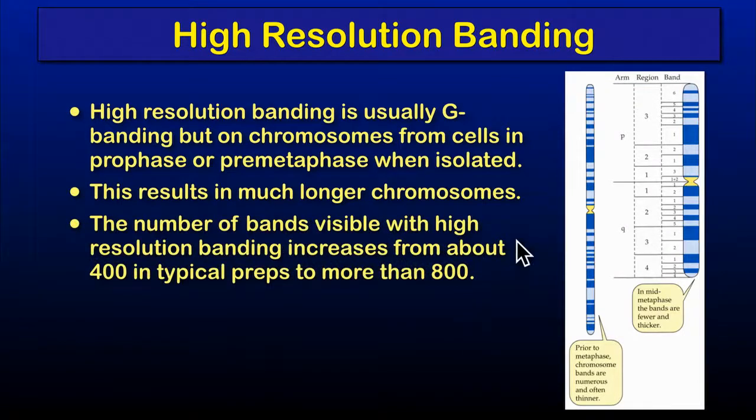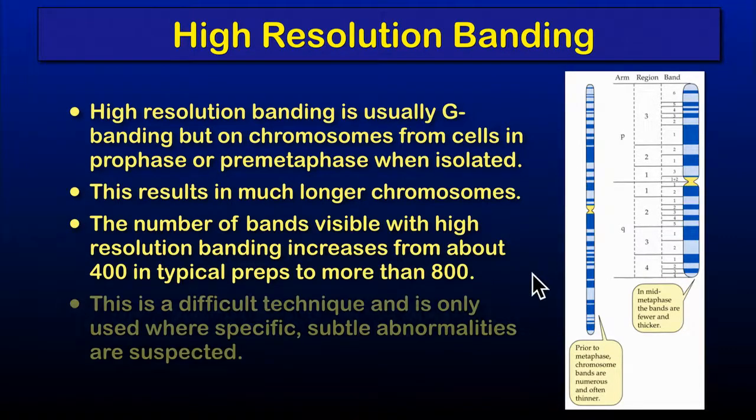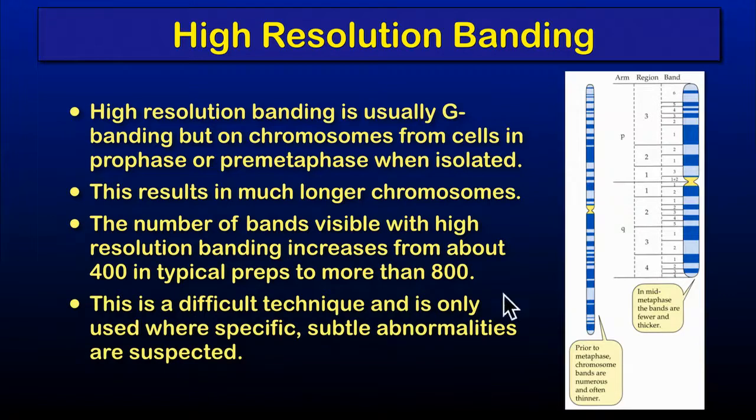The number of bands visible goes from about 400 if you are looking at these chromosomes to about 800 if you're looking at these chromosomes in prometaphase or prophase. And so we can see more detailed, more subtle changes in the chromosomes if we're looking at these extended chromosomes. As you can imagine, this technique is harder to do.